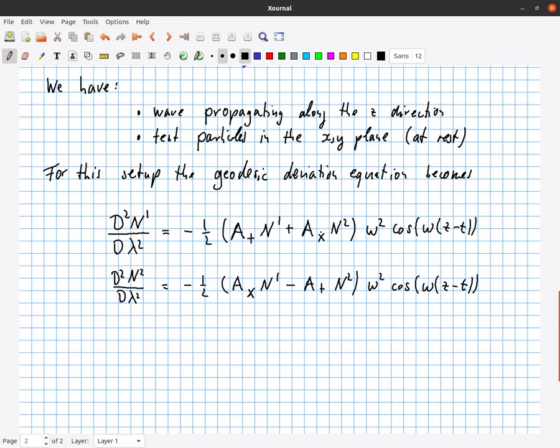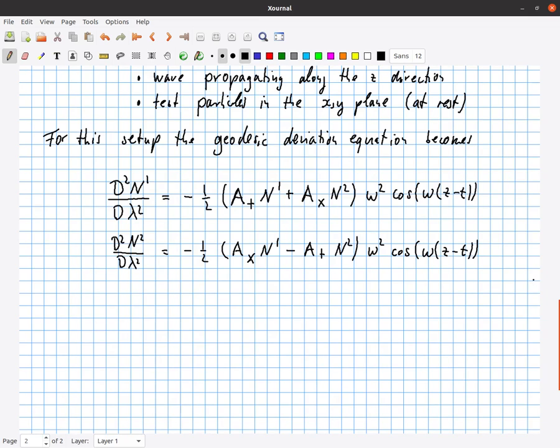When a cross is 0, you have here an equation for n1, second derivative of n1 is this guy, and the second derivative of n2 is that guy. Which means if a cross is 0, then the a plus wave is fairly easy to understand. If a plus is 0, the equations are then coupled, because n1 is determined by n2 and n2 is determined by n1. You can, however, differentiate this twice again and you would end up with one simple equation, because you can eliminate this.